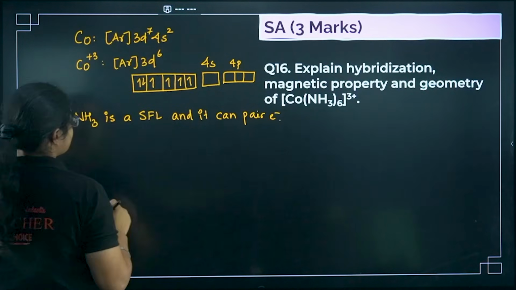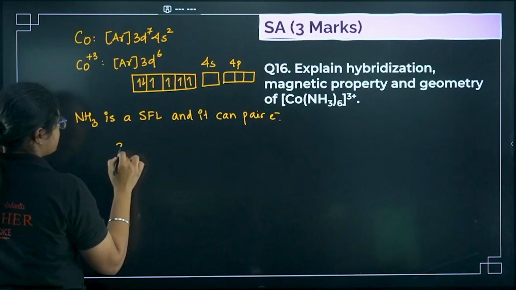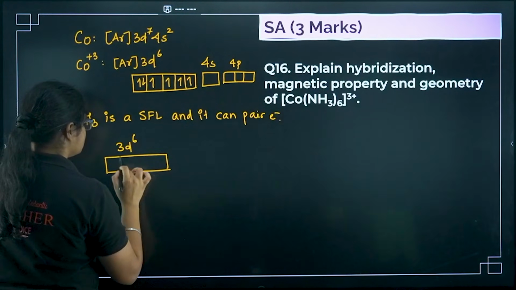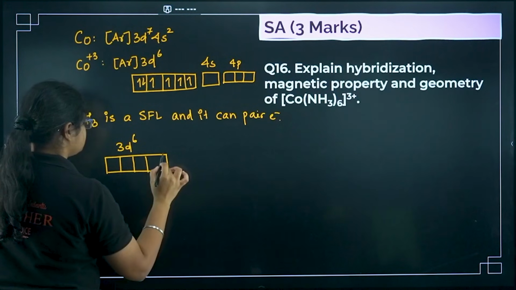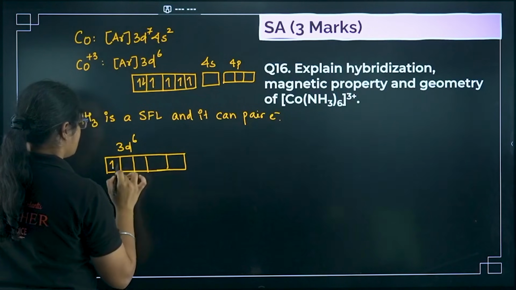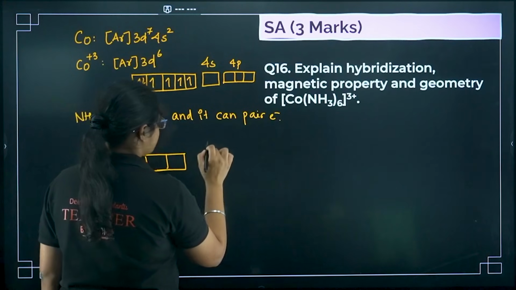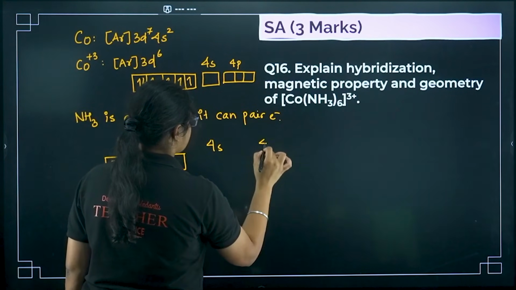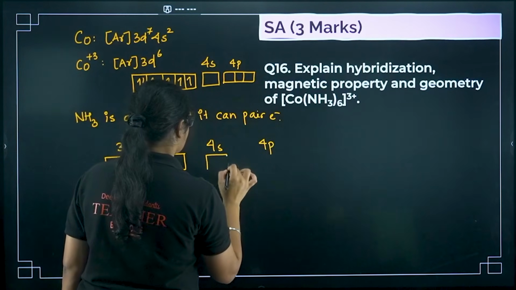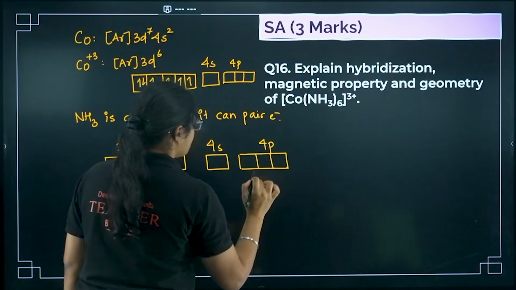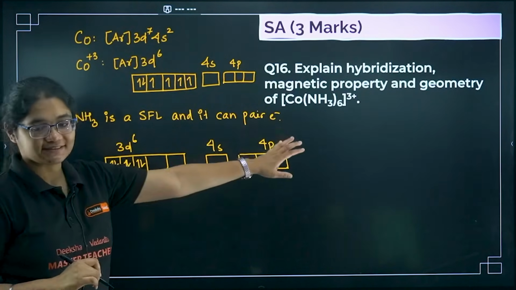So then you have 3d6, and all the electrons will be paired up here, 1 2 3 4 5 and 6. Then we have 4s, then we have 4p. Now you know the coordination number is 6, right?